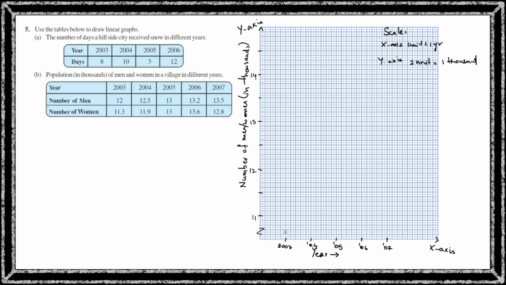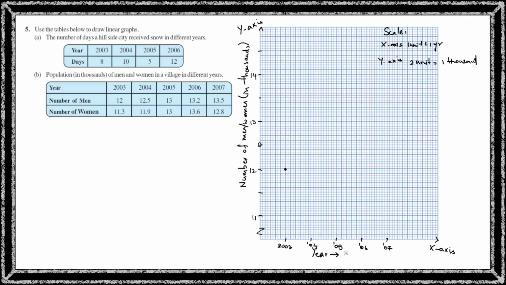In 2003, I have 12,000. That's the population. That is your first point. In 2004, you have 12.5. Exactly the midpoint of these two is this point.